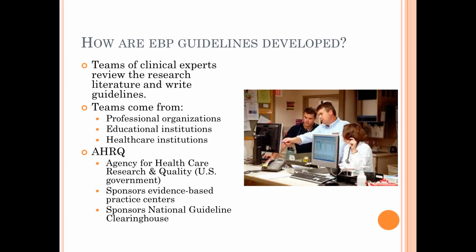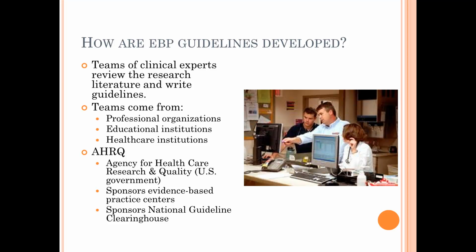How are evidence-based practice guidelines developed? Well, first, like we mentioned in the last video, teams of clinical experts review the research literature and write guidelines using their clinical practice and other information. Teams can come from professional organizations, educational institutes, healthcare institutions. But once again, these are for big evidence-based practice guidelines and things that are going to be written and published and put on the internet.